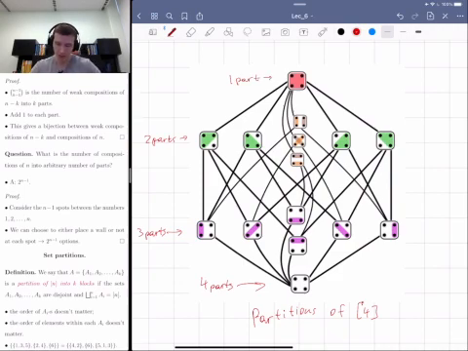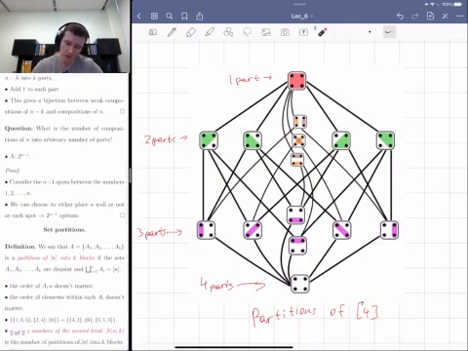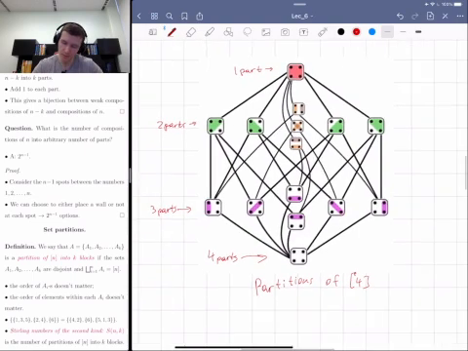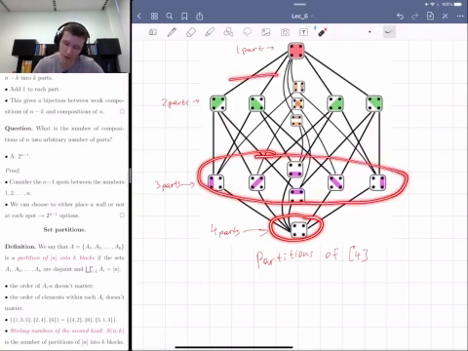And so the numbers we're going to be interested in are called the Stirling numbers of the second kind. Basically, each Stirling number counts the number of partitions inside each of these slices.